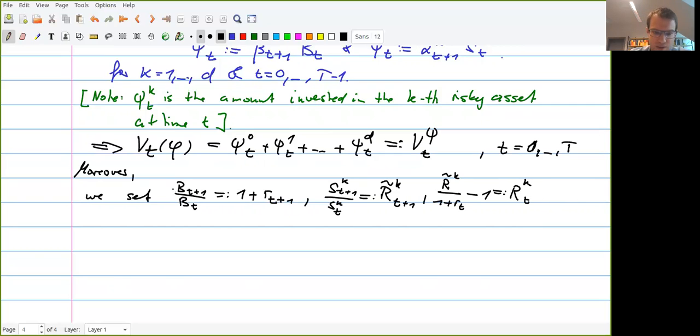And what do we need further? You won't be surprised: the corresponding vectors of these R tilde and R are defined just as without the index.